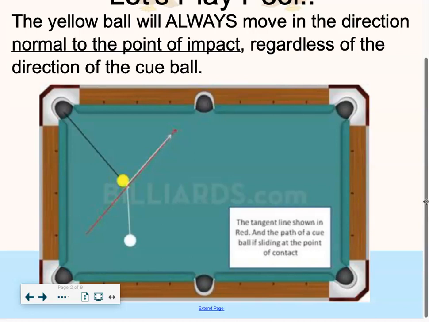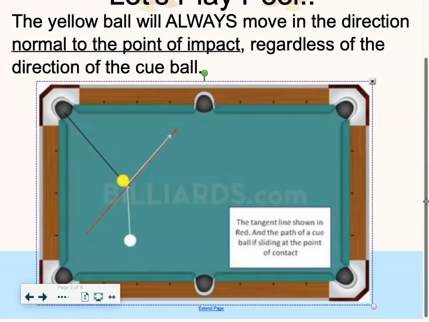The line that's perpendicular or normal to that tangent is the direction that the yellow ball is going to move in. So no matter where your cue ball is, wherever it hits the yellow ball, if you were to draw a tangent and then draw a normal to the tangent, that's the direction that the ball is going to move.